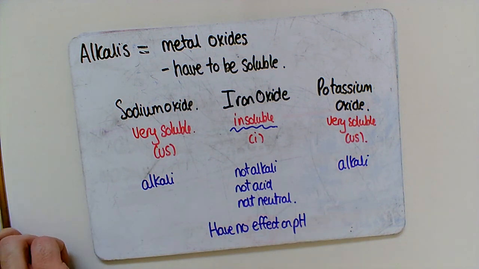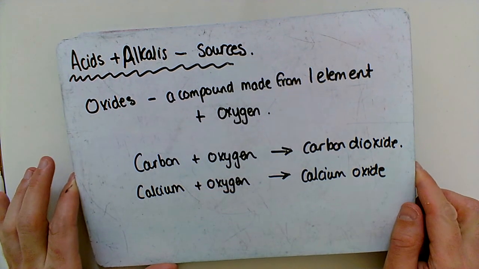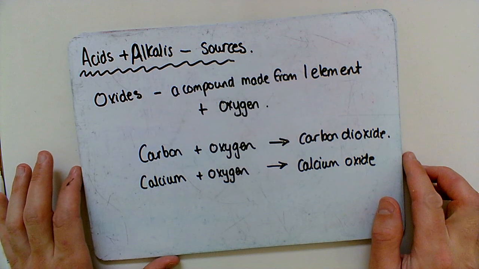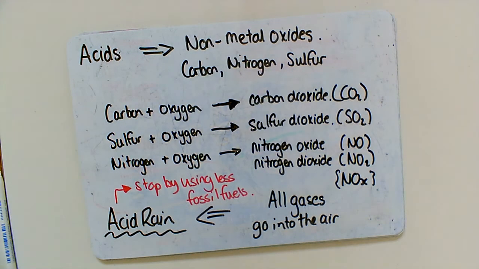So we're going to recap this content today. So we're looking at the sources of acids and alkalis. And firstly, we're looking at what an oxide is. And an oxide is any element that's been reacted with oxygen to produce a compound. Then we looked at non-metal oxides.